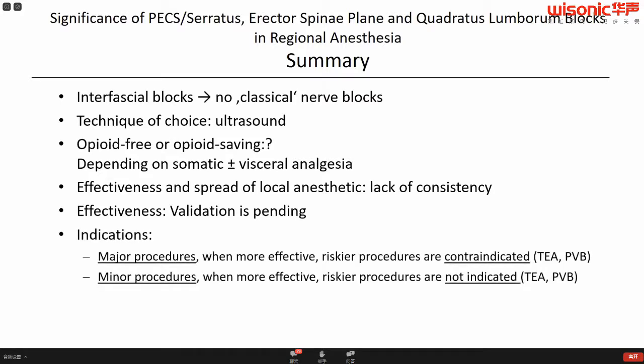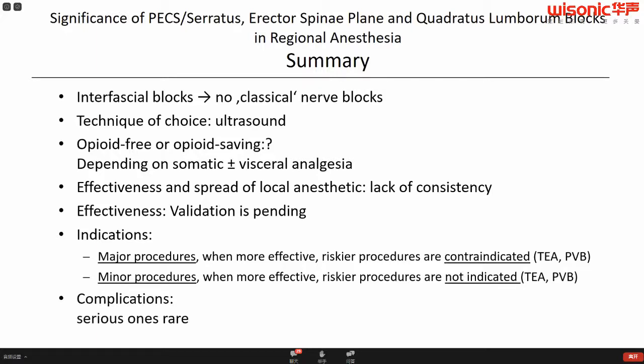What are the indications for these blocks? Major procedures, when more effective and riskier procedures are contraindicated, such as thoracic epidurals or paravertebral block due to anticoagulated patients, and also minor procedures when more effective or riskier procedures are not indicated. The complication rate is rare.